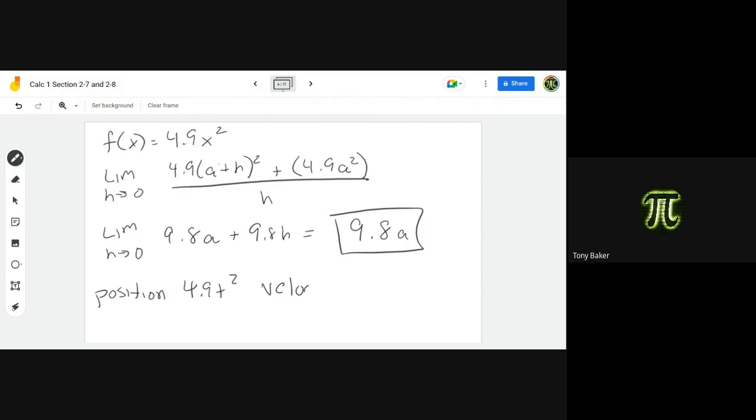Your velocity is 9.8t, and your acceleration is just 9.8, which is the speed of gravity. We're going to look at these a lot more in a few minutes, and a lot more later on. You're going to use position, velocity, acceleration, and jerk quite often in a lot of these word problems. But that's where the speed of gravity comes from.